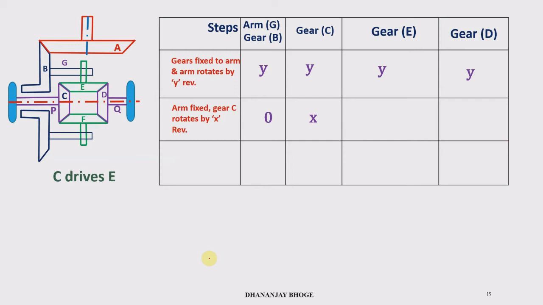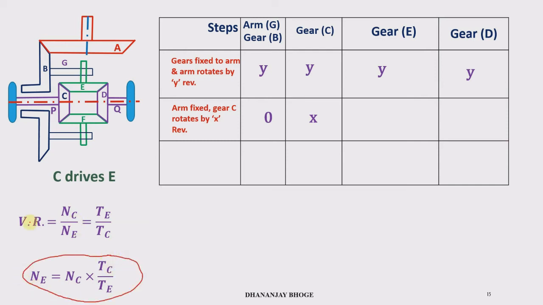Now, C drives E, correct? So the velocity ratio will be Nc upon Ne is equal to Te upon Tc. We want to find the speed of gear E, so take Ne to the left side and all other terms to the right-hand side. So Ne is equal to Nc into Tc upon Te.